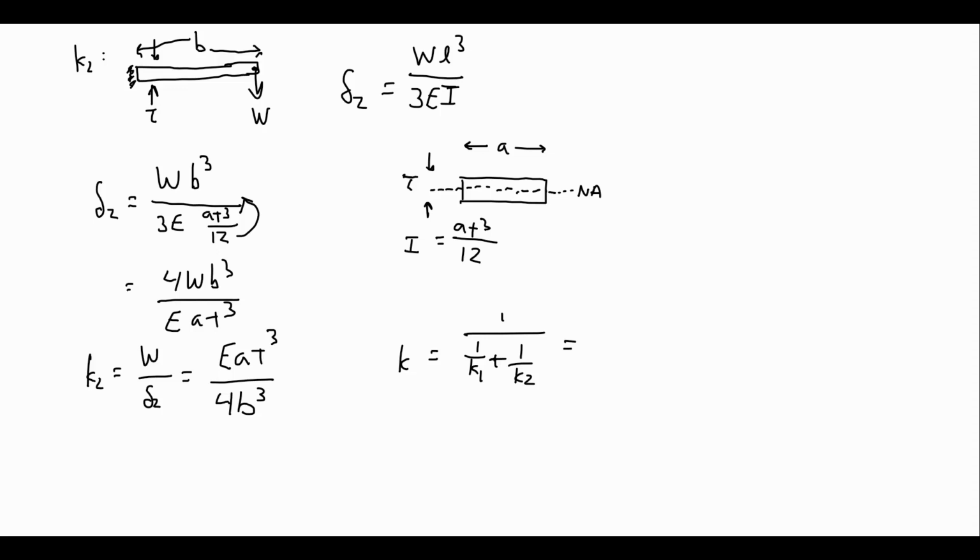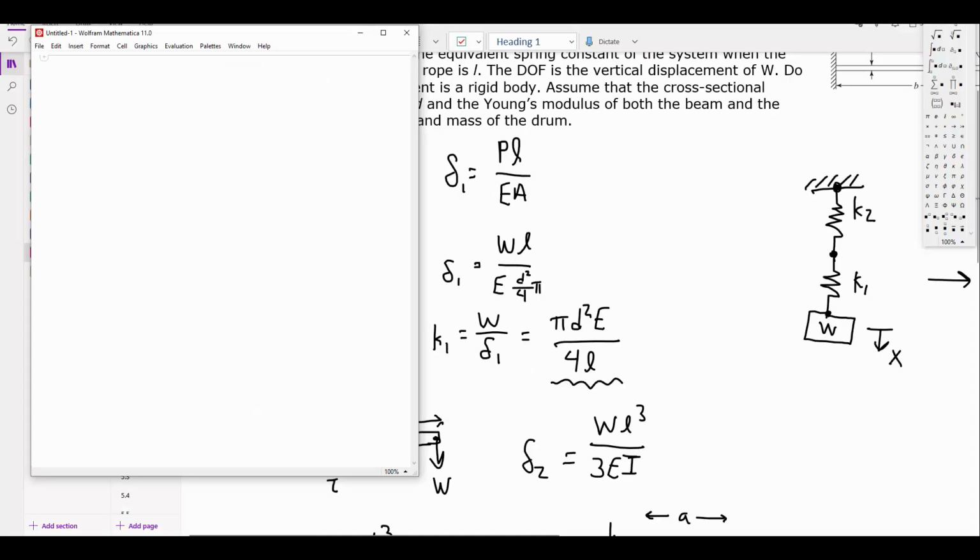I'll do this up in Mathematica so I don't have to do all this algebra by hand. The K1 is going to be equal to this fraction that I'll input here. From what I did before, that was pi times d squared E over 4L. Notice I put EY here so it didn't think that it was that constant E, the 2.718, because Mathematica will assume that automatically otherwise.